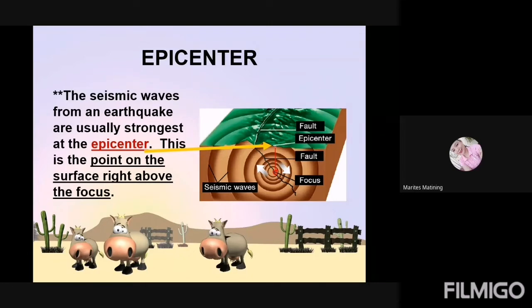So, example, sabi ng news, the epicenter of an earthquake is located in Baguio, parang ganon. So, directly below the epicenter, nandun naman yung ating focus. Ayan. So, yung naririnig natin sa radio or napapanood natin sa balita, na lugar kung saan nangyari yung earthquake is actually the epicenter. Okay? Next.